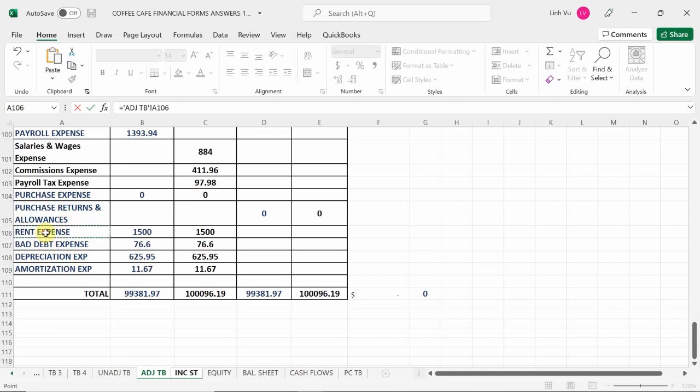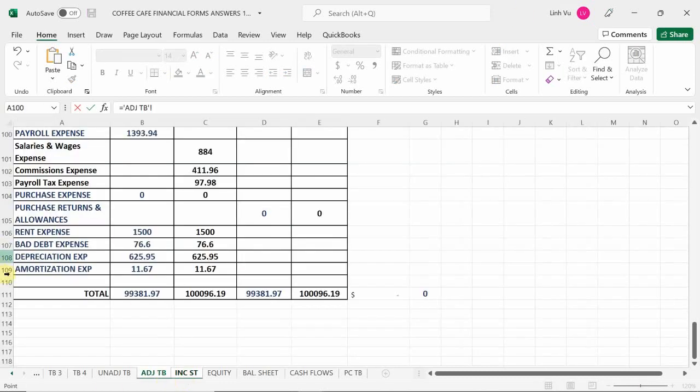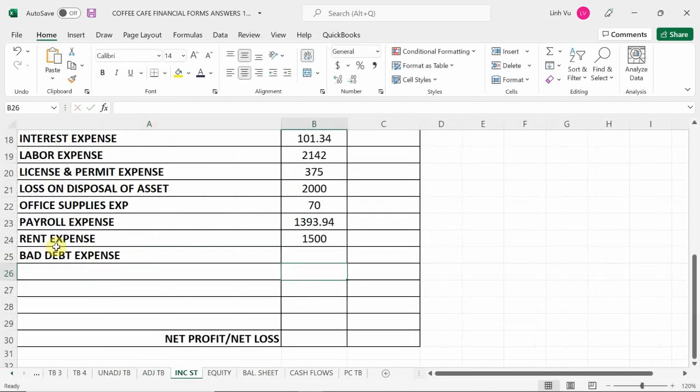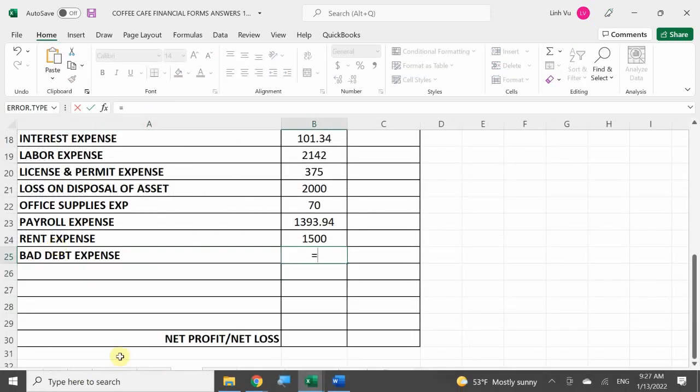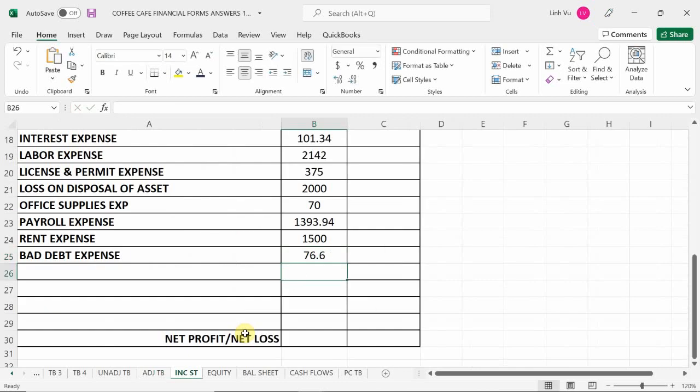We have rent expense for $1,500. Then we have bad debt expense for $76.60.